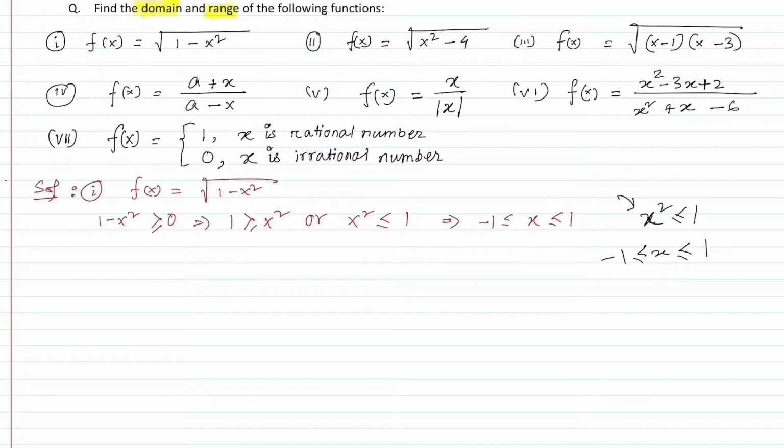Because if x square is equal to 1, then x must be equal to plus minus 1, isn't it? So here x must be greater than or equal to minus 1, less than or equal to plus 1.